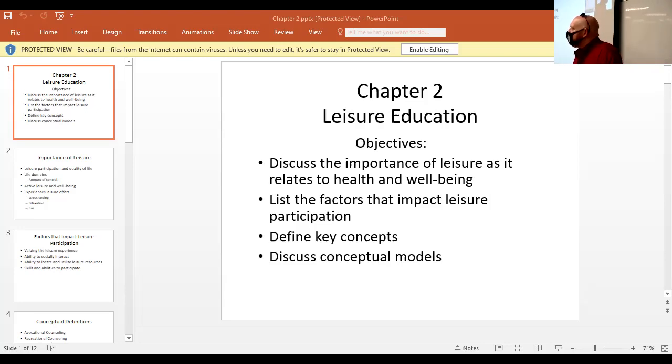Leisure education, we already talked about that, and that's where we're showing them what's available. It may even be one of our clients comes to us and says, hey, I want to play pickleball, but I don't know anything about it. So leisure education would fit right there. We could sit down with them and say, okay, here's the rules. I don't want you to go in here blind. You're going to use this paddle, and you cannot get inside of this box.